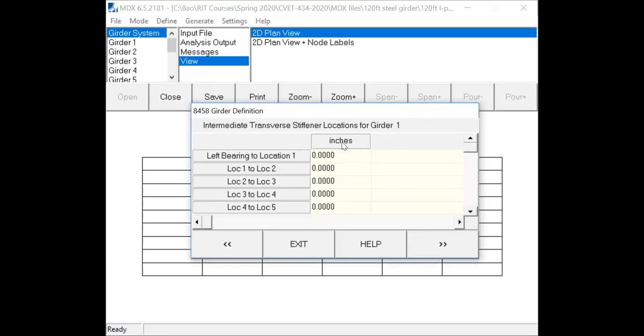We provide this transverse stiffener at the same spacing as the cross frame, and the cross frame spacing is 20 feet. Now we need to change that to inches. So 20 feet changed to 240 inches. So everything is 240 inches. Okay, go to the next.